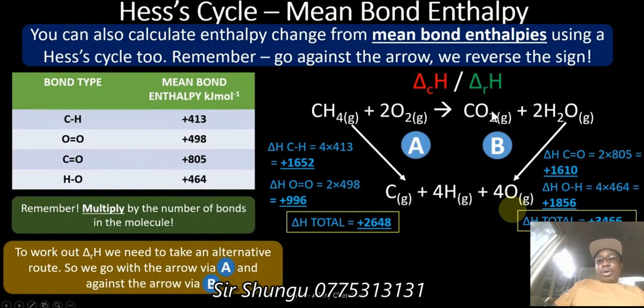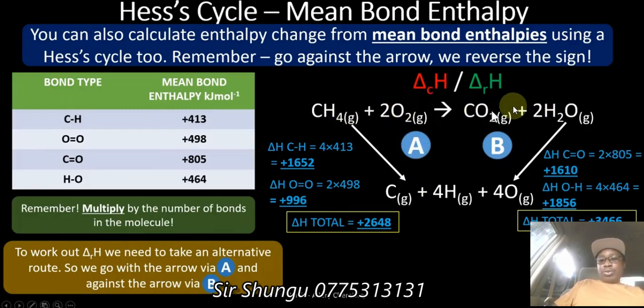So that being said, we have a total here of 3466 and a total here of 2648. But to calculate our enthalpy change here, the question is what? We are calculating the enthalpy change for this reaction here, which would be the enthalpy change of combustion of methane.